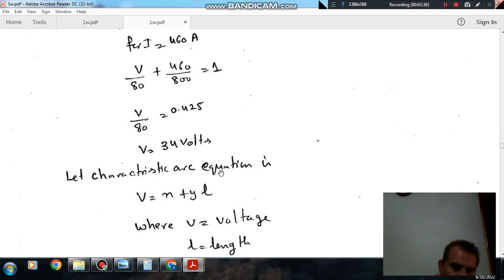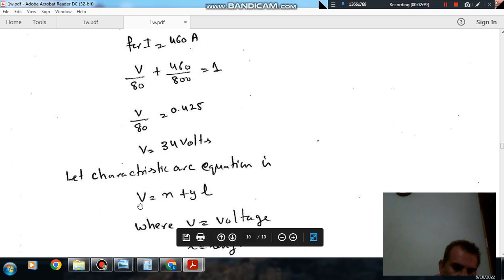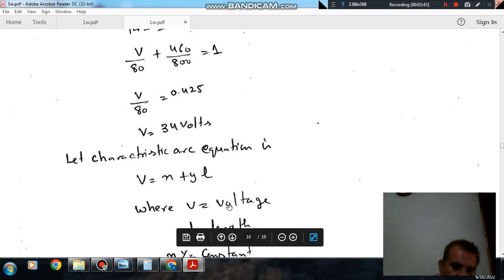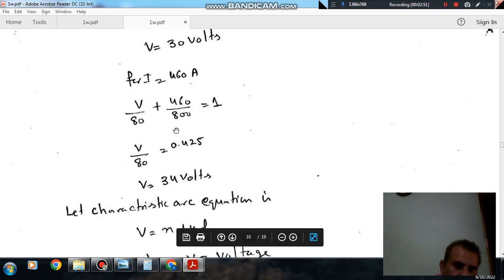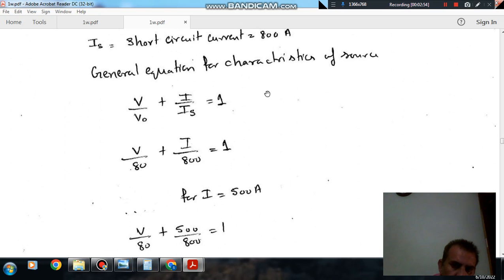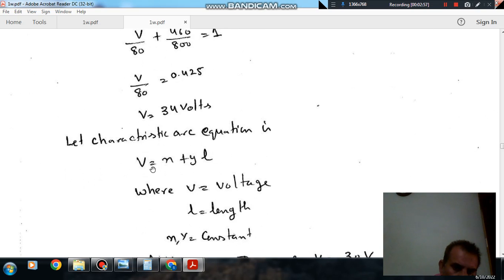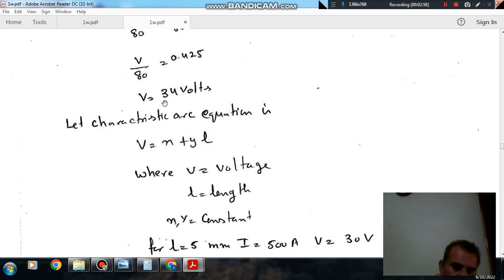So the characteristic arc equation is V is equal to x plus yL. V is your voltage, L is length, and x and y are constants. So this is the characteristic arc equation and this is the source characteristic.